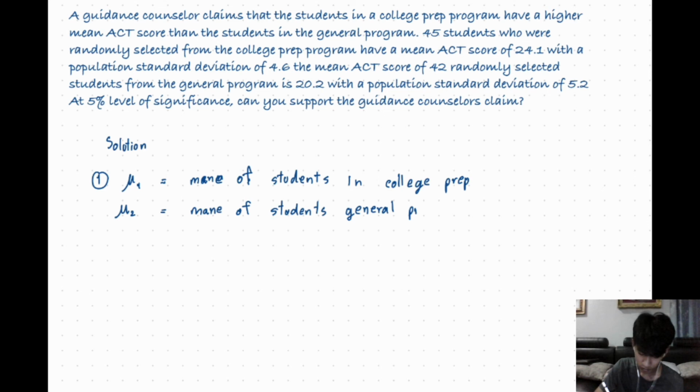Step 2. Hypothesis. Null hypothesis: Mu1 is less than or equal to mu2.